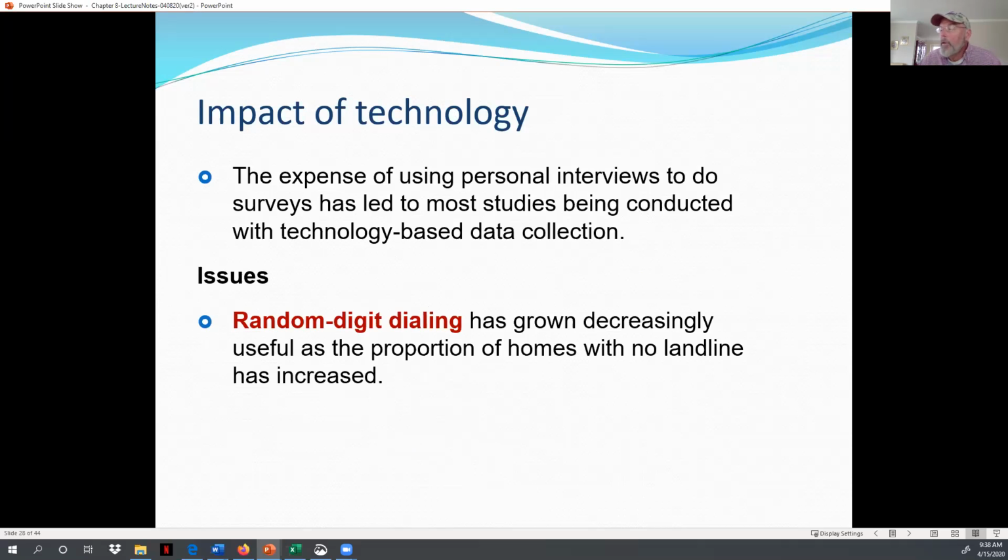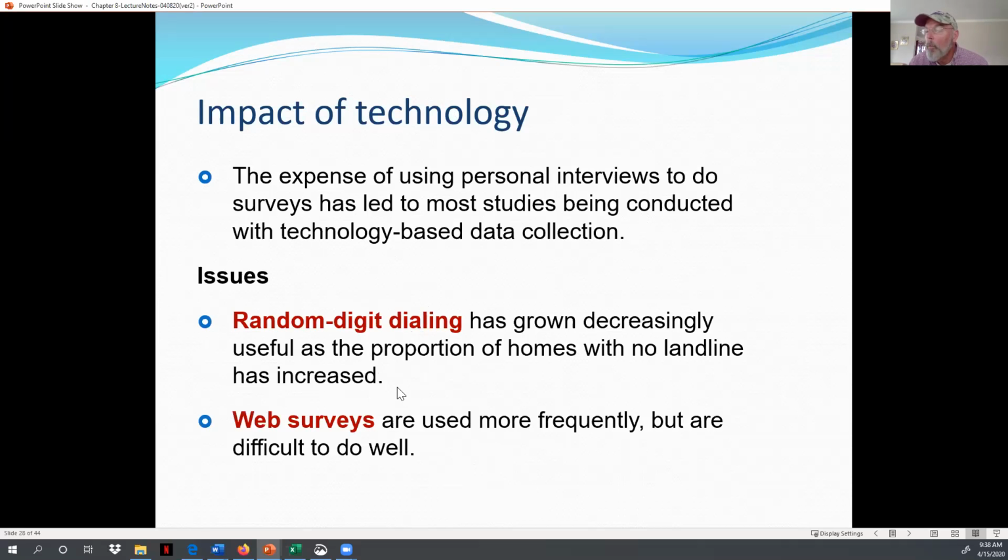So for example, the landlines are being reduced, so that way of getting a survey done is not very useful these days. Web surveys, they are all over the place. Some are done well, some are not done all that well.